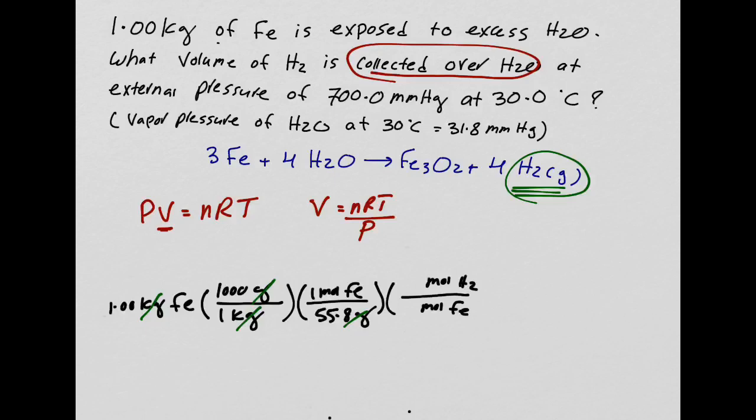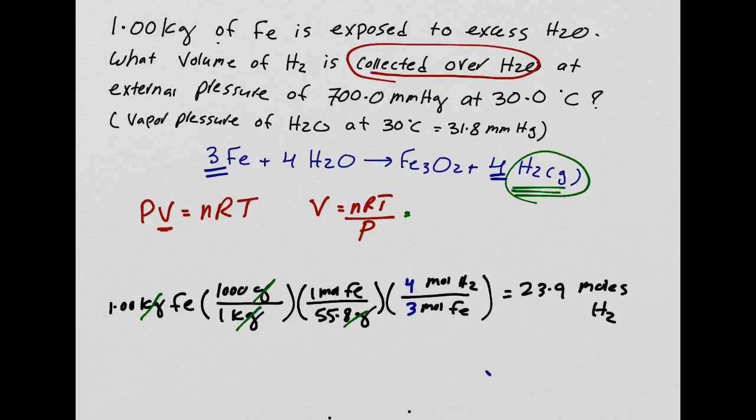Now, what's the mole ratio? If you look at the equation, the mole ratio is 4:3, because remember, coefficients are the mole ratio. So if I do that, what I end up getting is 23.9 moles of H2. Okay, so that's great because I have my moles.